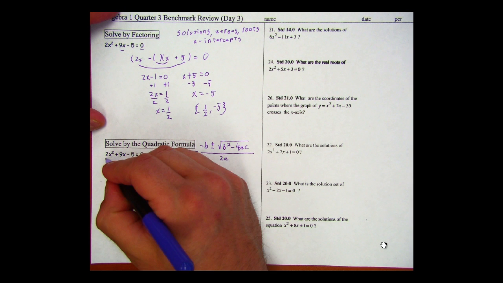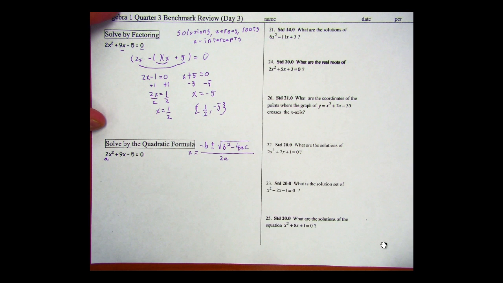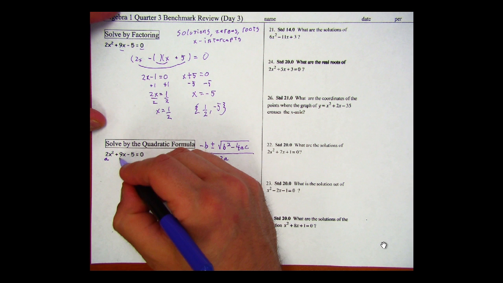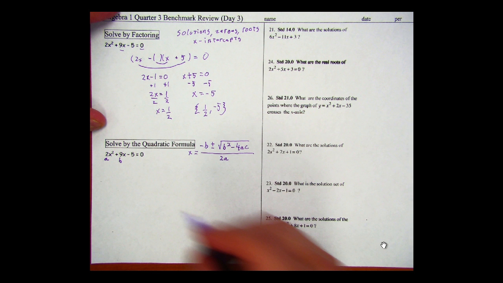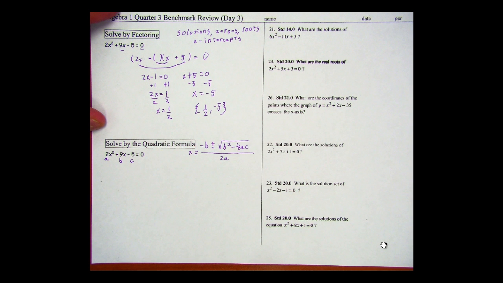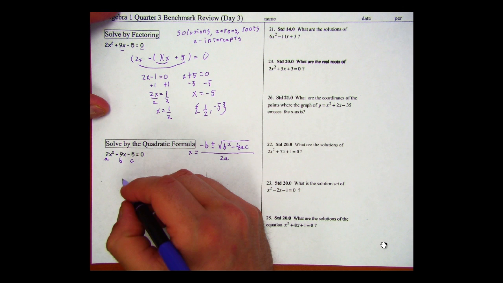What the A refers to is it's going to be the coefficient of the x squared, and the B is going to be the coefficient of the linear term or the x term, and the C is going to be the constant. So you can substitute these numbers into the formula, and then you can simplify the formula.